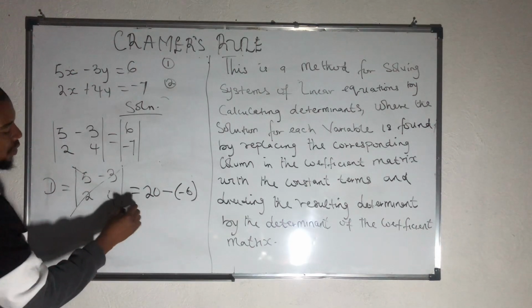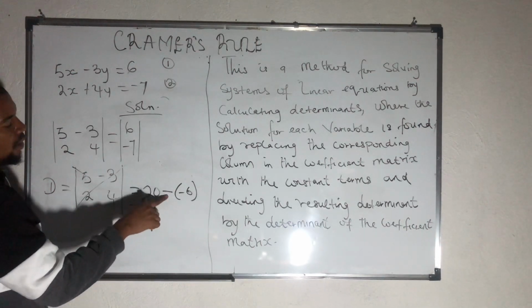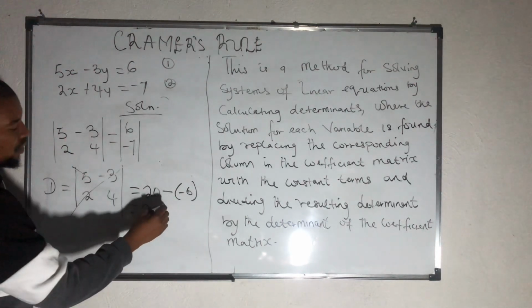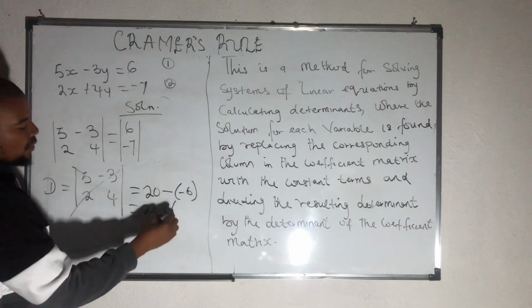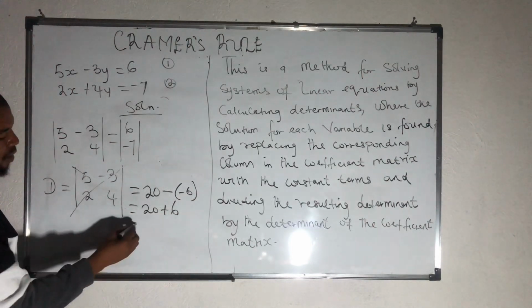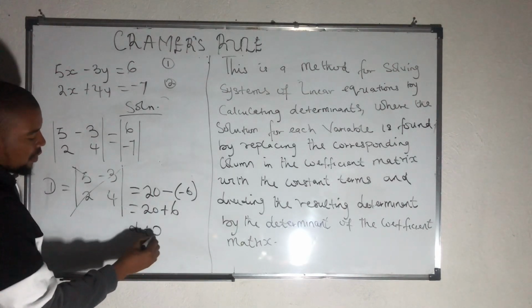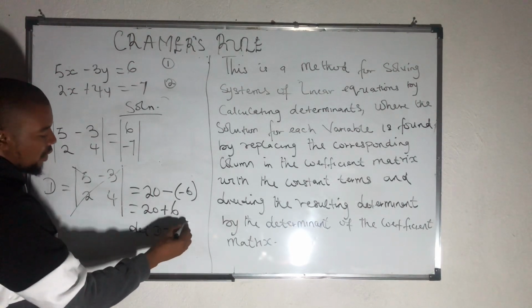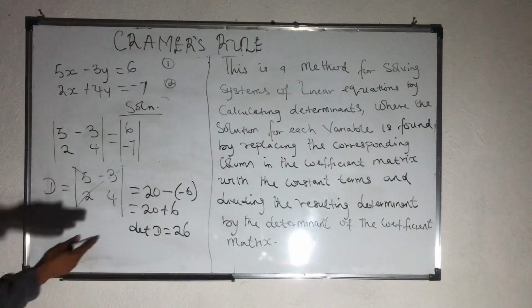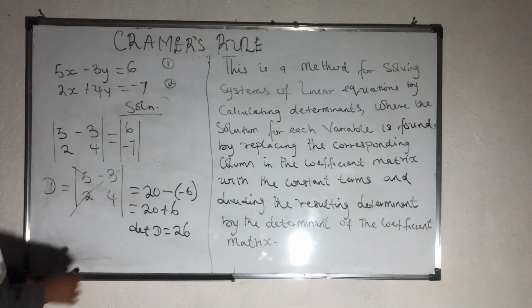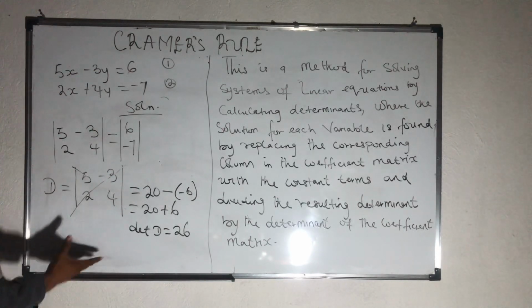So this is equal to 20. Negative multiplied by negative gives us a positive 6. Hence, our determinant of D, which I will call D, is equal to 26. We have gotten the value for the main determinant.